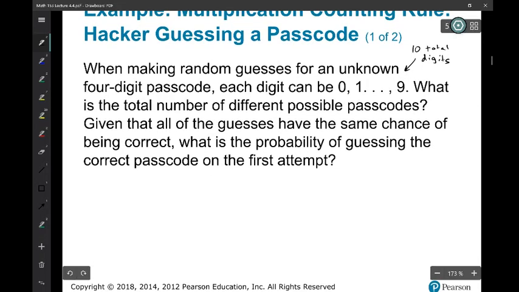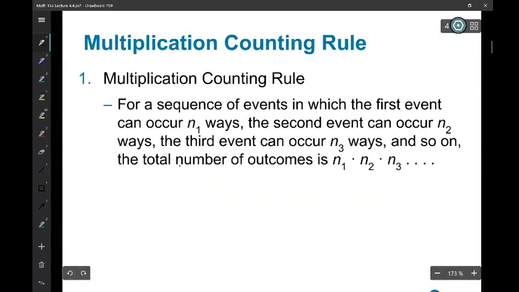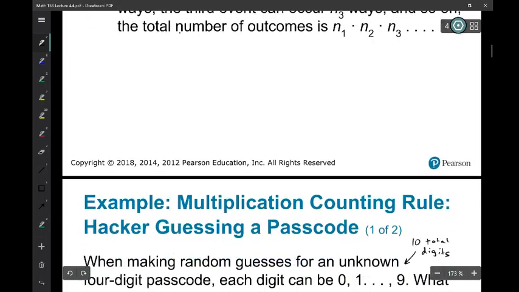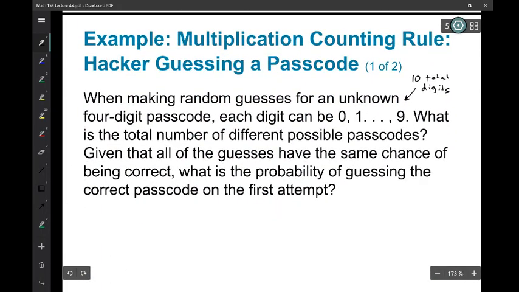Well, like our rule for the multiplication counting rule, if the first event can occur in n1 ways, let's ask ourselves how many events here. A 4-digit passcode, you could think of it as a compound event.